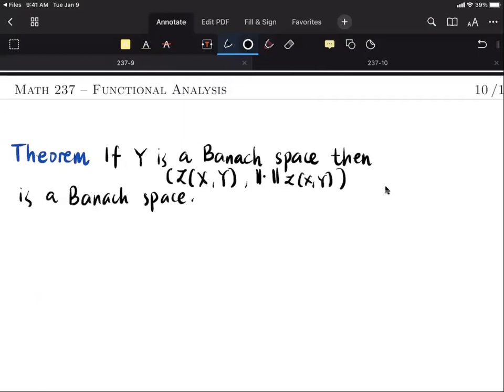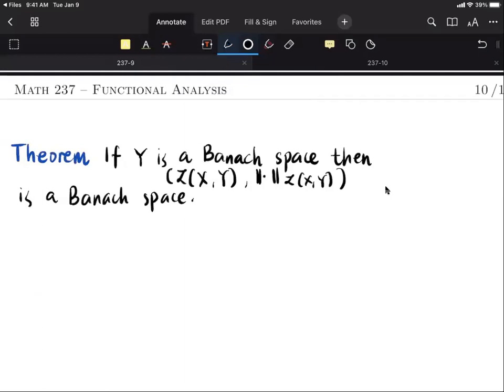So for the space of bounded and linear operators between two normed spaces, in order for that to be a Banach space, or to be complete, it is enough to assume the completeness of the codomain or the target space Y.